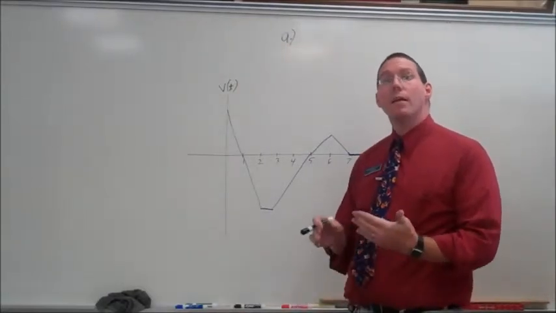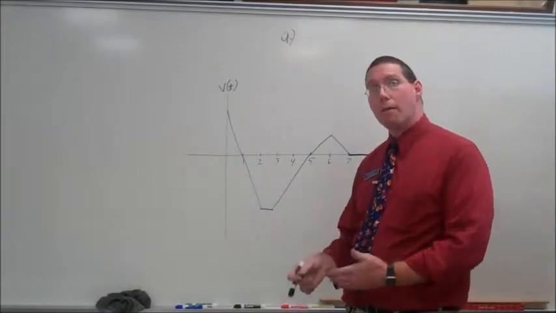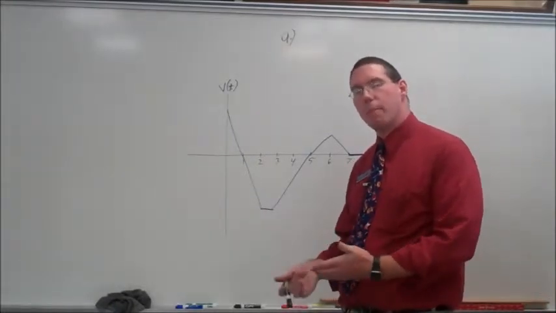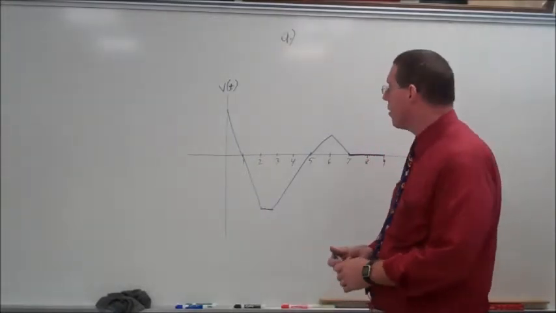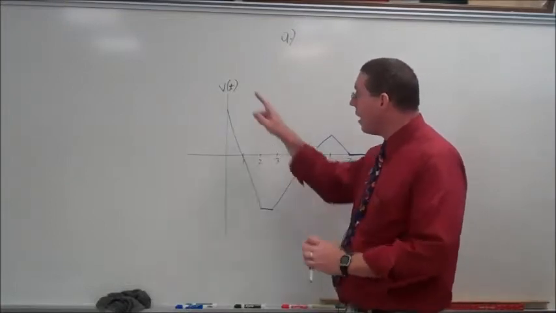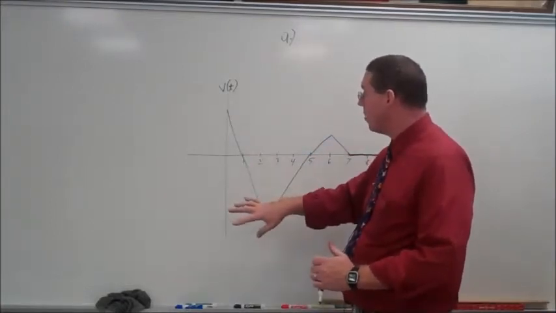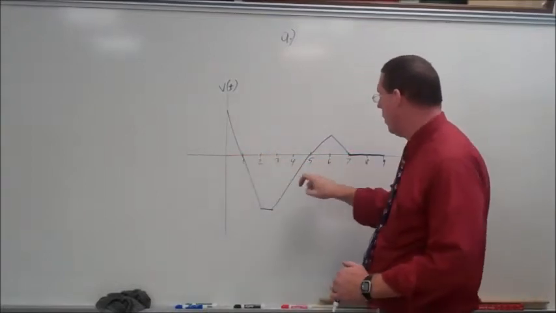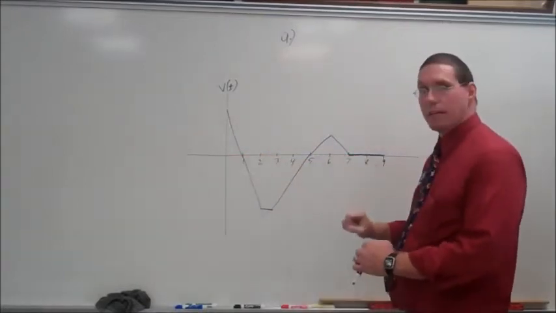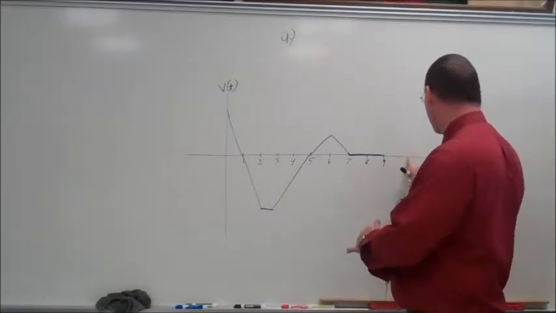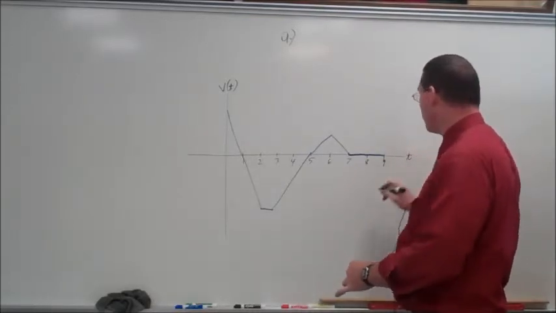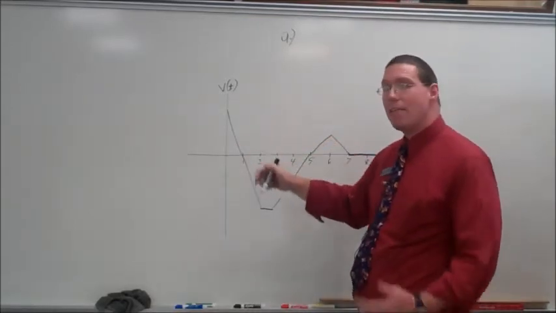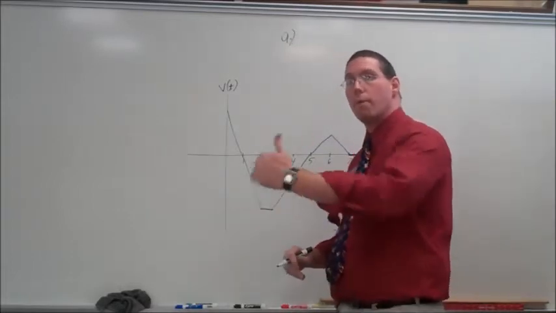Well, when does a particle move in a positive direction? It moves in a positive direction when velocity has a positive value. Velocity has a positive value from 0 to 1 and from 5 to 7. It's above the t-axis. This is a t-axis. When velocity is positive, that indicates forward motion.